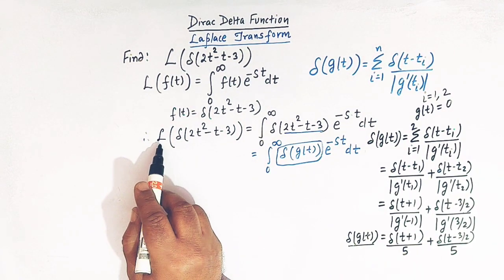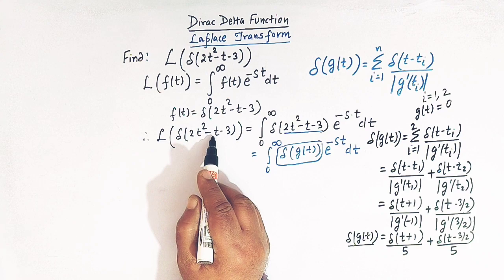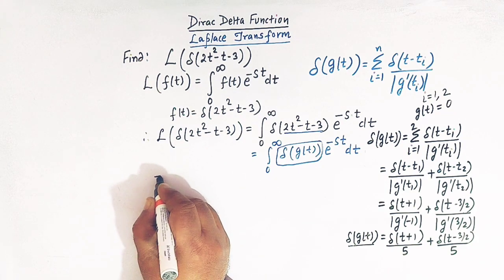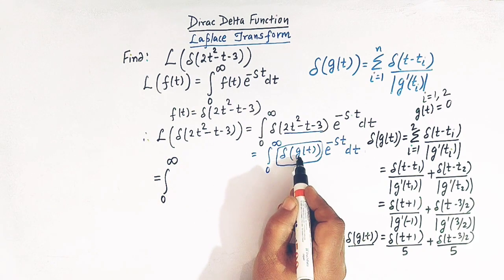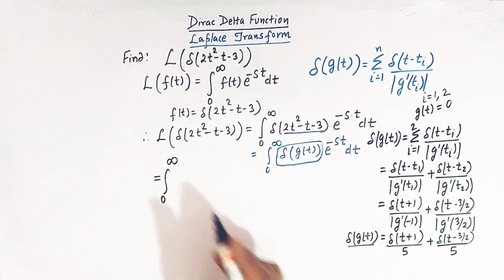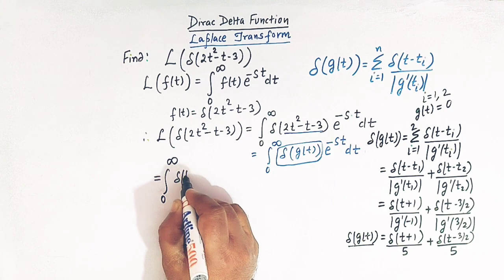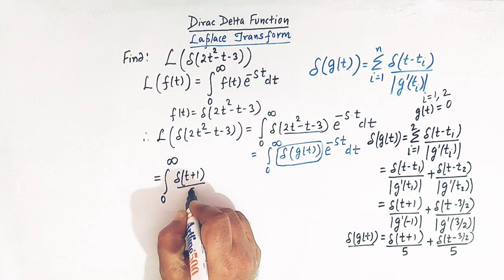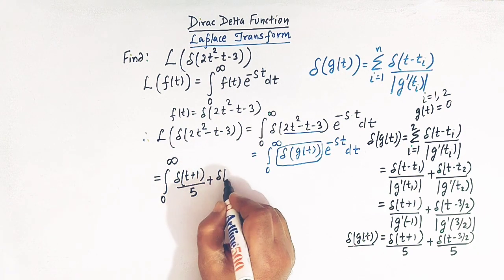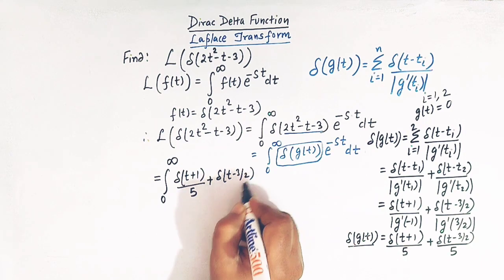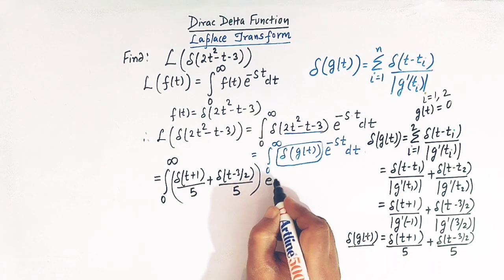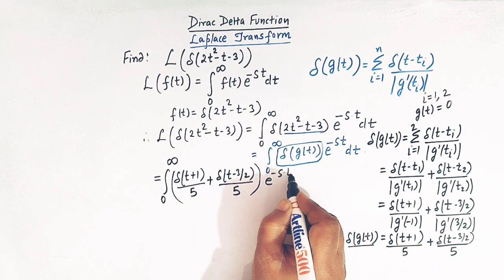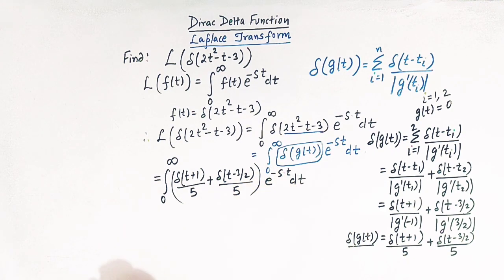The Laplace transform of delta of 2t squared minus t minus 3 is now equal to the integral from 0 to infinity of delta of t plus 1 over 5 plus delta of t minus 3 by 2 over 5, times e raised to minus s t dt, right?